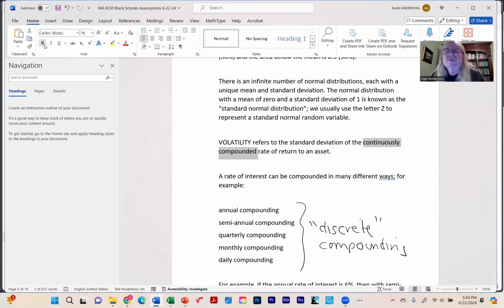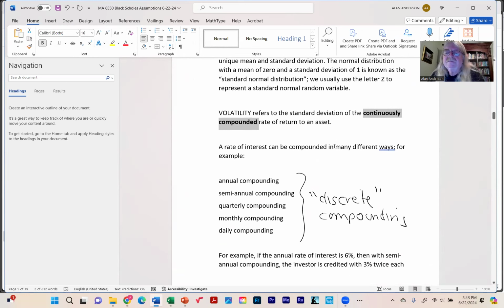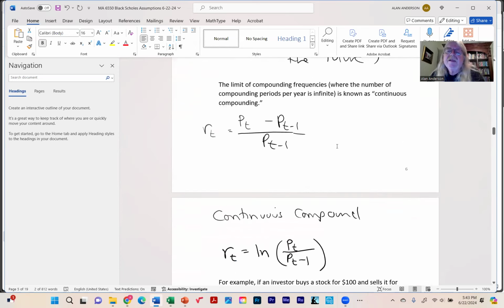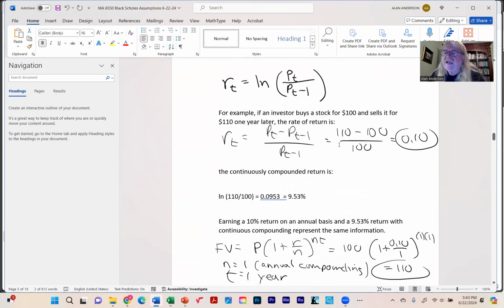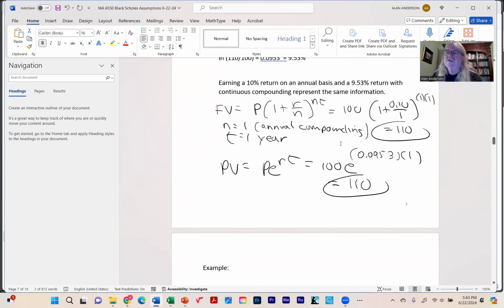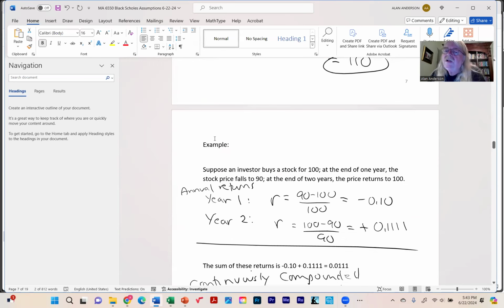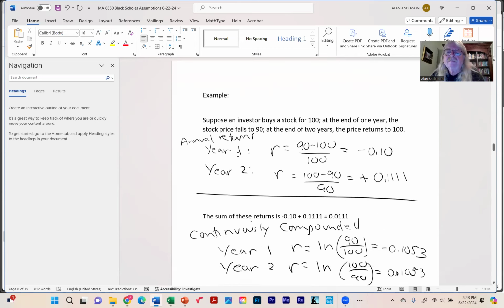We'll see that when we do the calculations for Black-Scholes. You may be given the volatility, but you might also be asked to do it. If you're given a time series of stock prices, you could do it yourself by calculating the continuously compounded rates of return, and then calculating the standard deviation of that time series of returns.